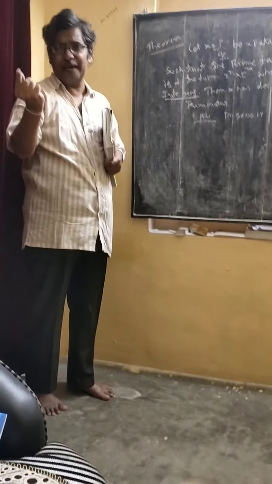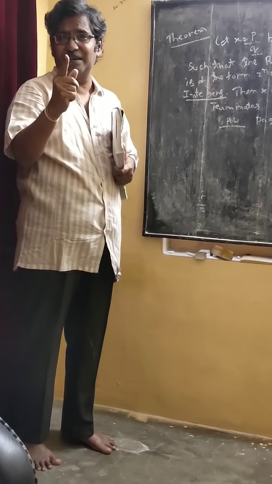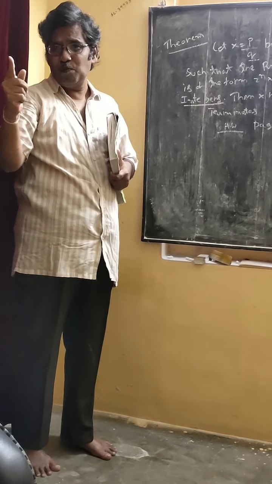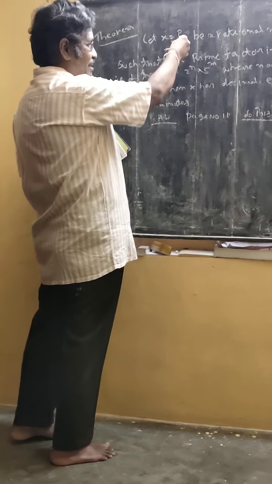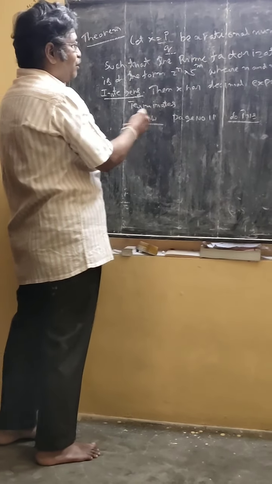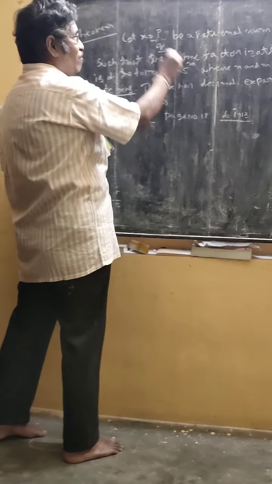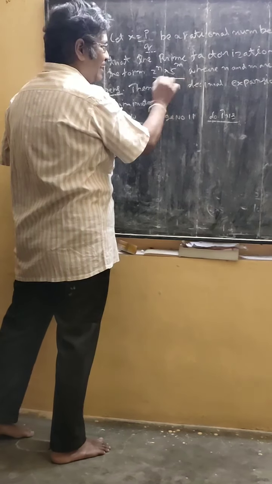Here a rational number p by q is given and it is converted into a terminating decimal, when the denominator satisfies the condition.